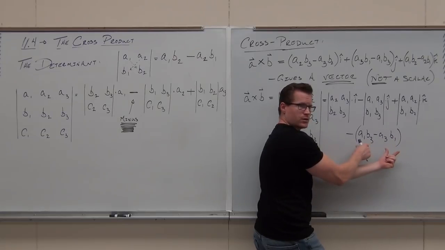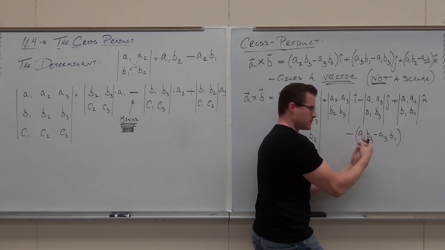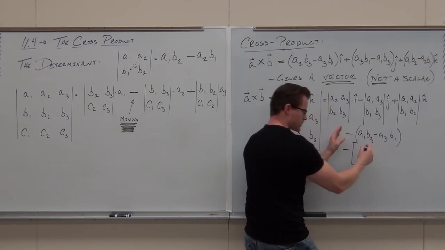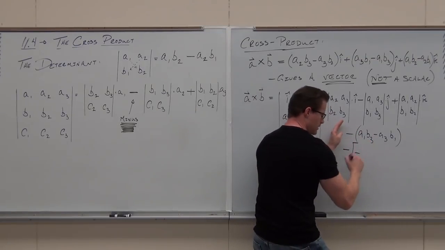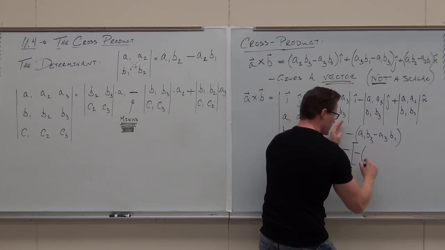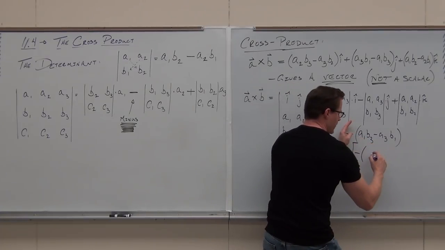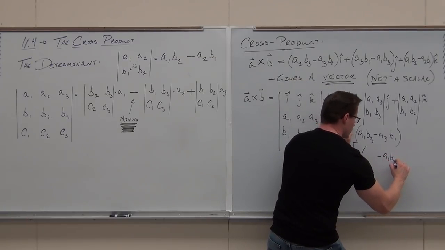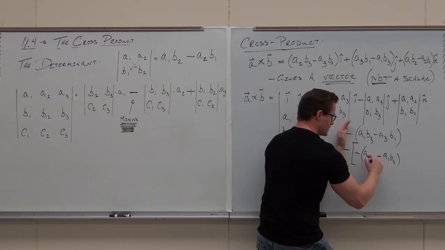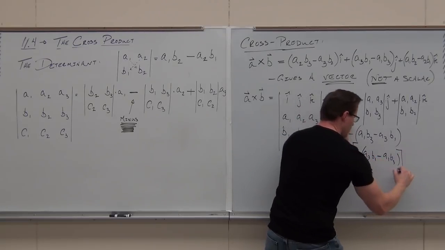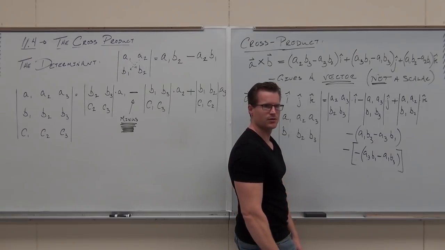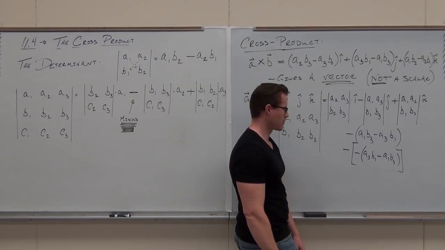If I reverse the order and factor a negative, here's still the minus. Here's the factored negative. This would change to a negative. This would change to a positive. If you want to just distribute this, am I confusing the heck out of you? No. Yeah.